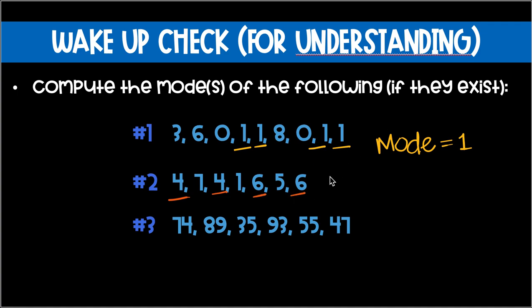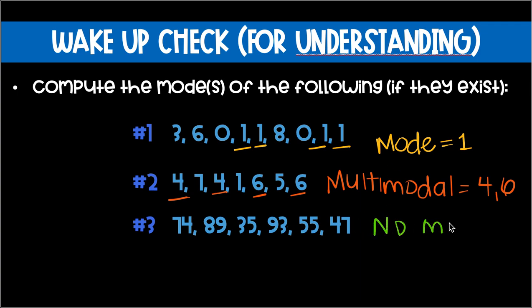We have multiple modes. This is multimodal data. You have the modes 4 and 6. And for your last one, we have 74, 89, 35, 93, 55: no mode. None of the values repeat more than once.